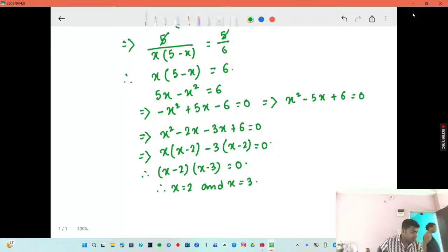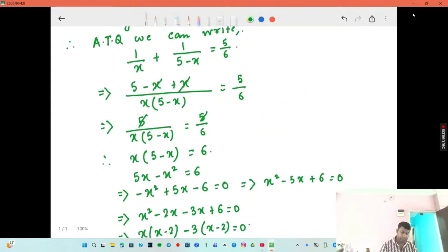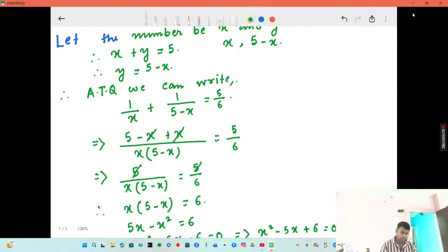Therefore, the numbers are 2 and 3. So we have found the value of x. Now we have to put the value of x in order to find the value of y.